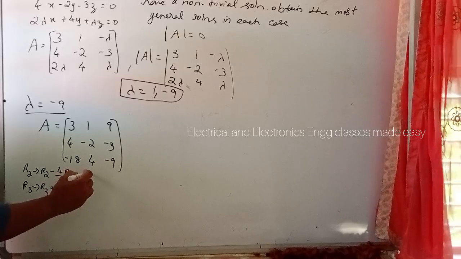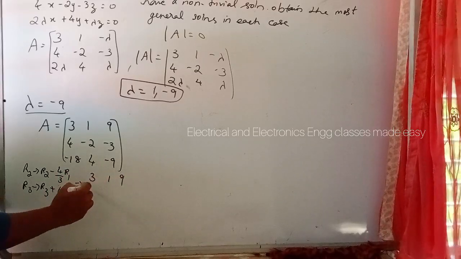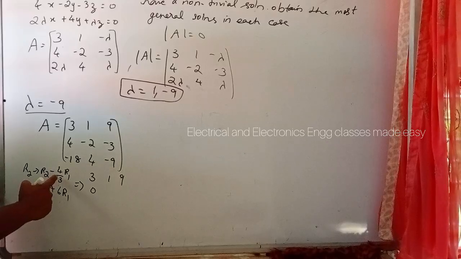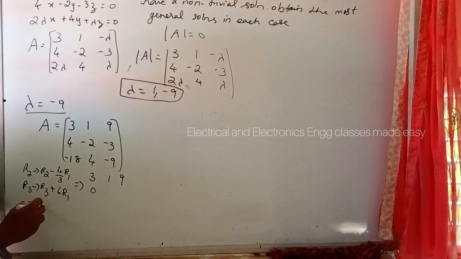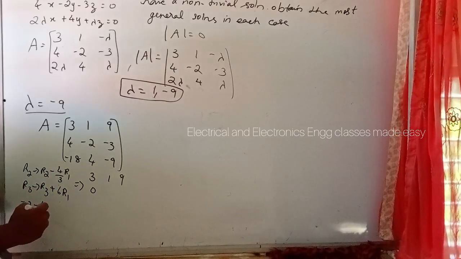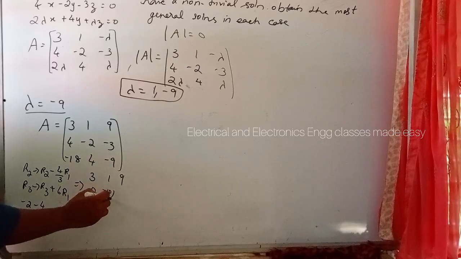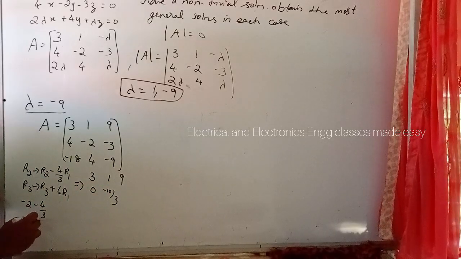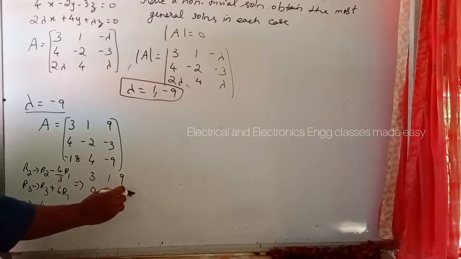So here we will get 3, 1, 9, then 0, then minus 2 minus 4 by 3, that is minus 10 by 3, then minus 3 minus 4 by 3 into 9, that is minus 15.